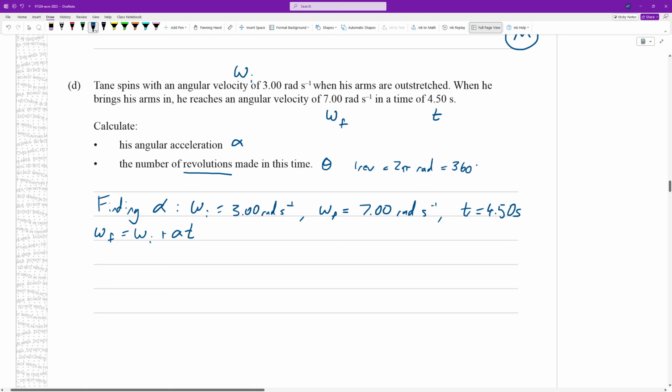So state the equation. You could either put in the values here and then solve for alpha, or you could rearrange it first, then put in the values. I'm going to rearrange it first. So I'll subtract omega I and then divide by t. Alpha equals final, take away initial over t, which is 7, take away 3, over 4.50, and that gives 0.889.